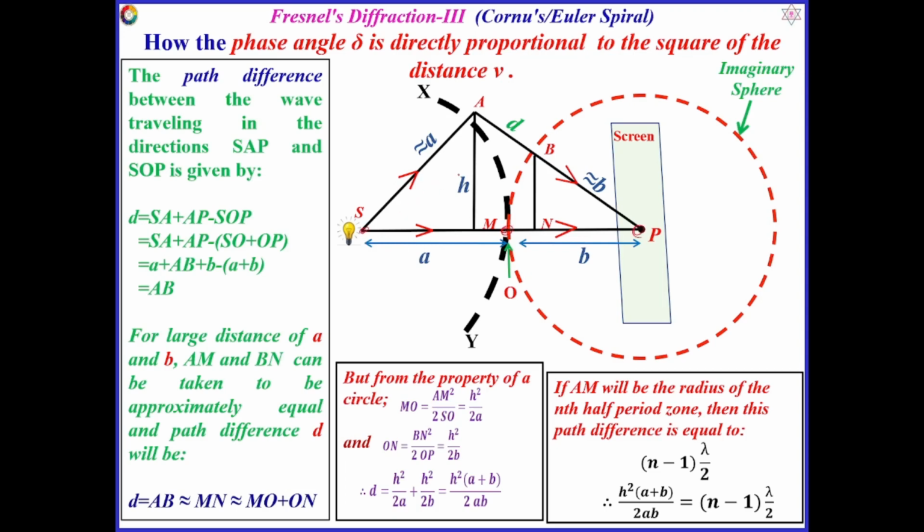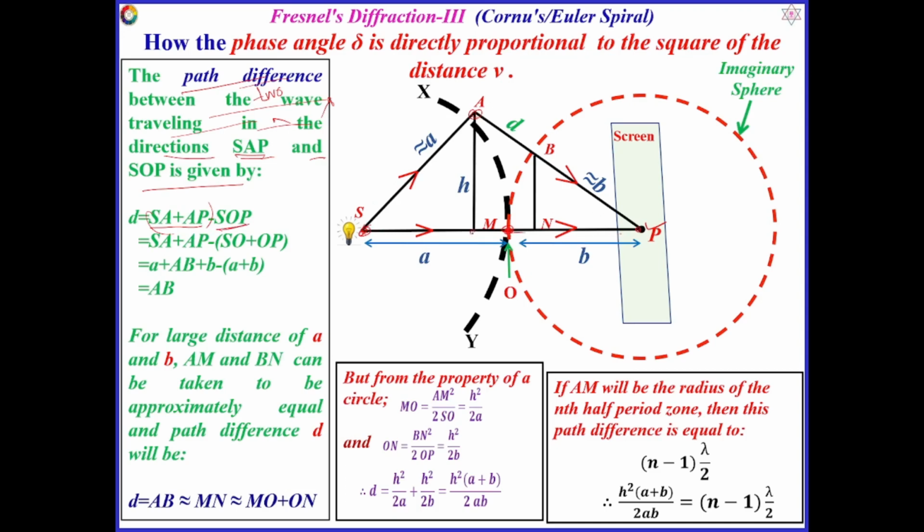It can easily be observed that the path SAP is larger than SOP, but we have to find out by how much. The path difference between the two waves traveling in the directions SAP and SOP is given by: for SAP, SA plus AP, S to A then A to P. The other path is S to O to P, so SOP is SO plus OP.